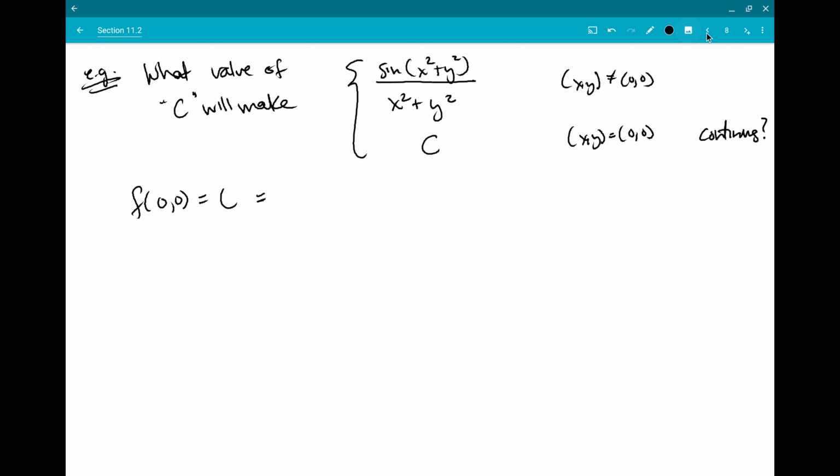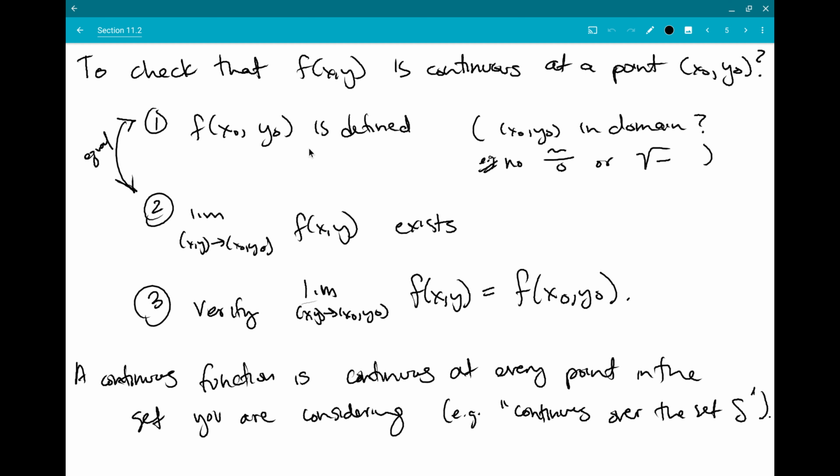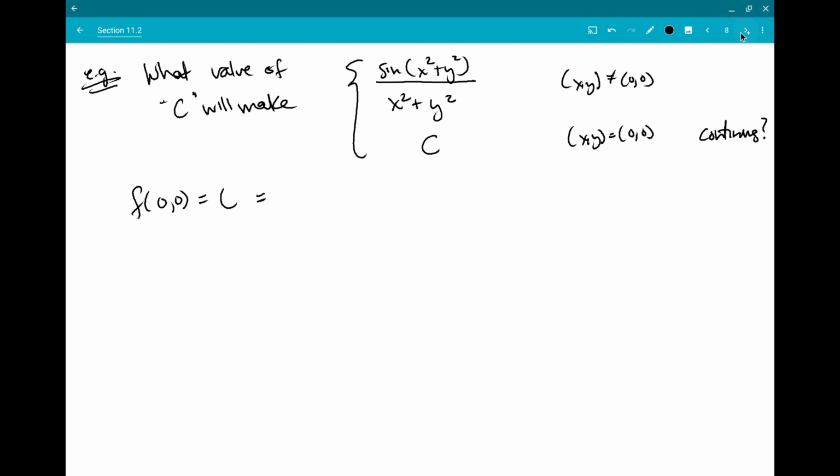That's this condition of continuity we talked about, that the limit and the function evaluation have to be the same thing. So I want to make sure that this is true. That would make it continuous. And I just need to solve for the c that makes that happen.